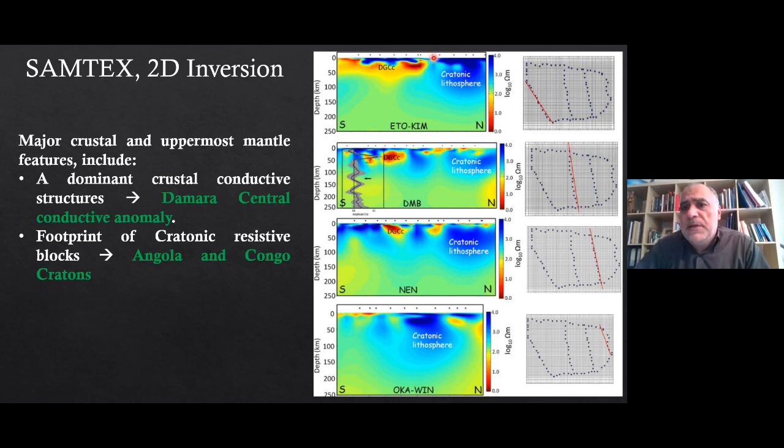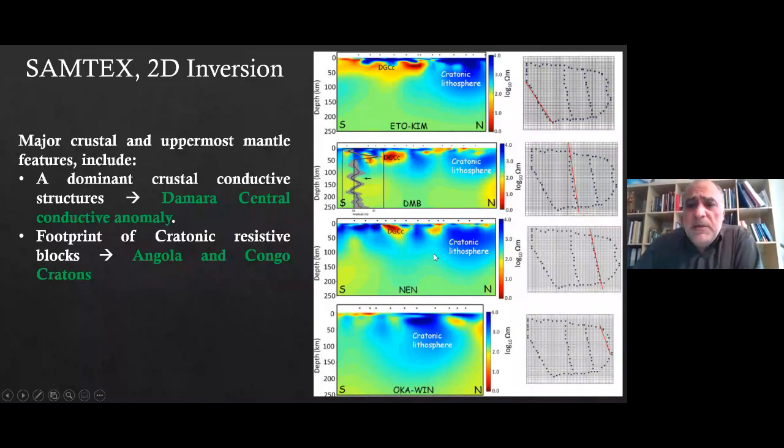Okay, and the same observation can be seen here also in that array, and that's this resistive block that extends to around 120 kilometers. The same observation, if you take a look at the section located here, you can still see the conductive anomaly in the lower crust, I would say, and also this resistive block that is related to some cratonic lithosphere.